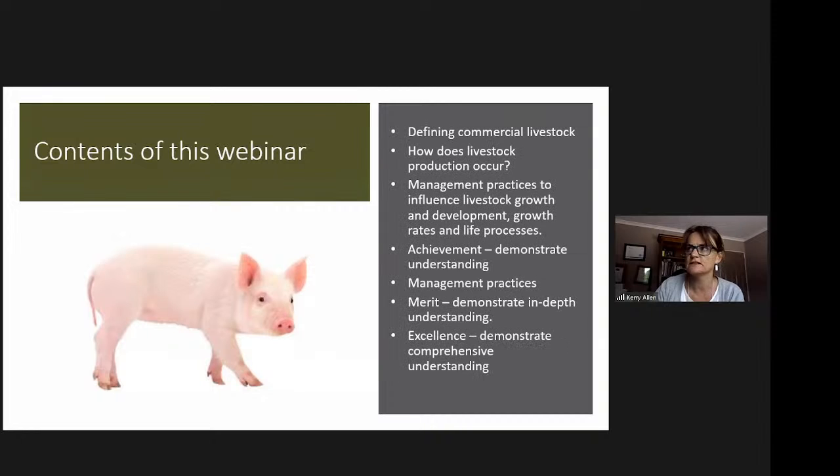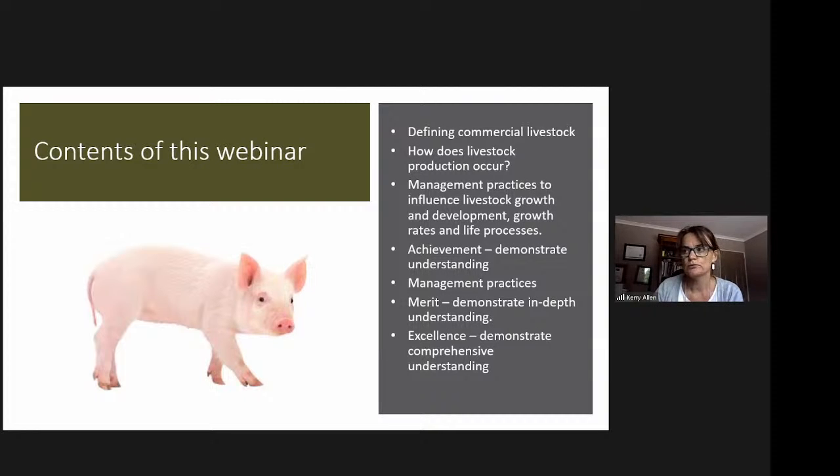So the contents of today is firstly understanding what we mean by commercial livestock, then looking at how livestock production occurs. Then we're going to move into the management practices. Then I'll explain how those meet achieved for the standard.